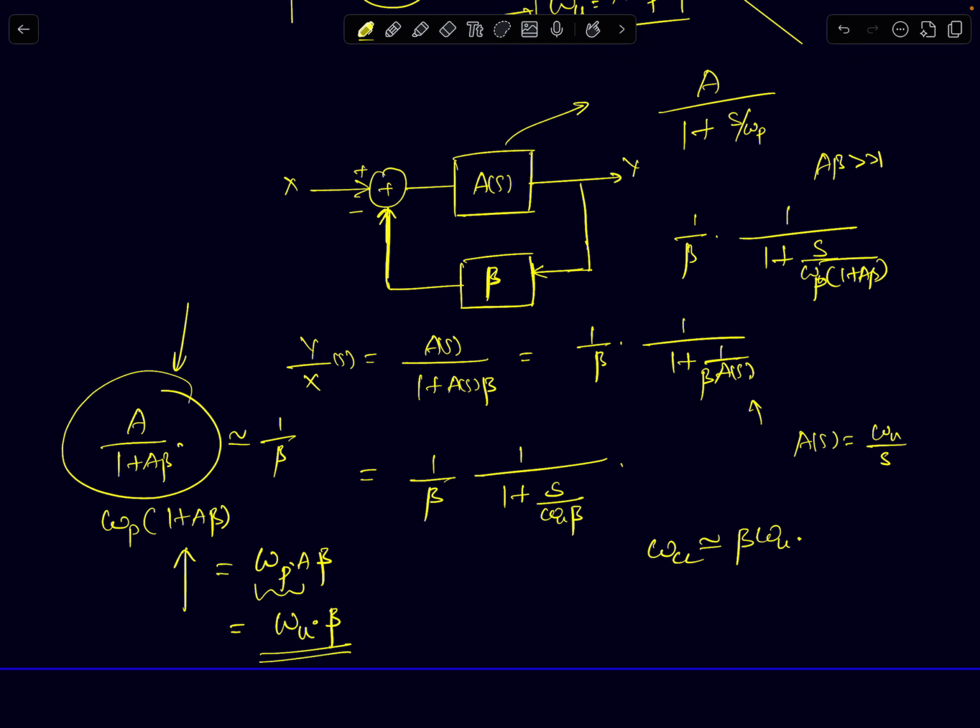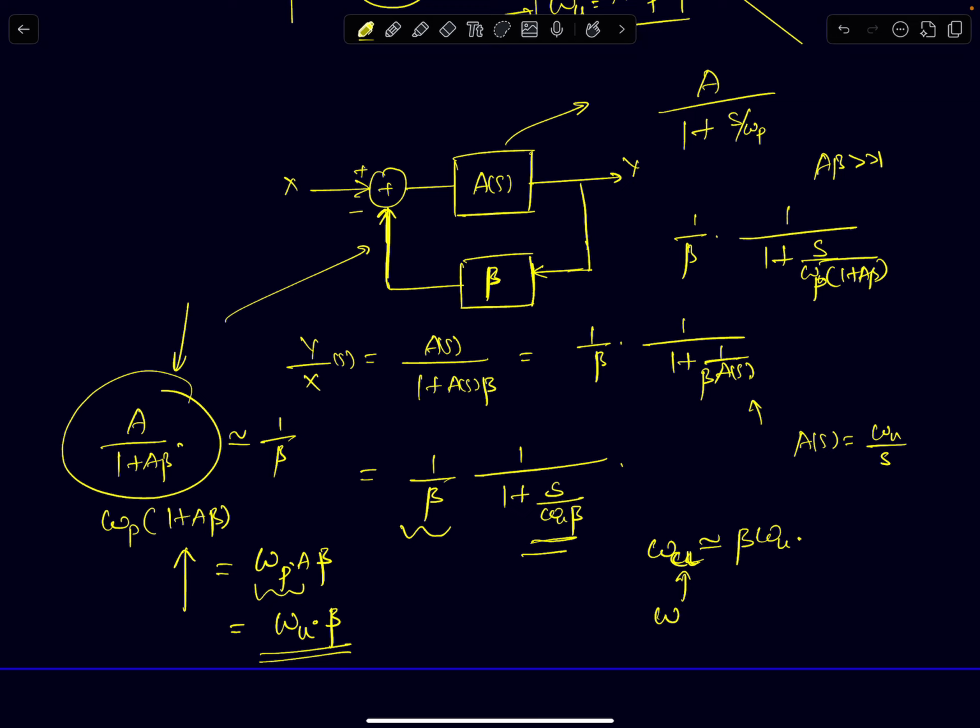So now if I put an op-amp with a finite UGB in negative feedback, the closed loop system also behaves like a single pole system with a DC gain of 1 by beta and a pole frequency, or 3 dB bandwidth, which is called omega closed loop or omega 3 dB.